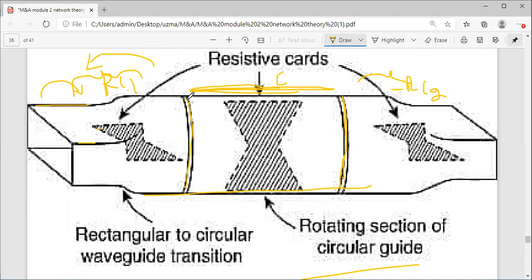The meaning of this statement is the center circular section is having the resistive card R2. This is precisely rotated completely. It can rotate 360 degrees, which means these two are fixed. This central section can be rotated completely. Try to understand.